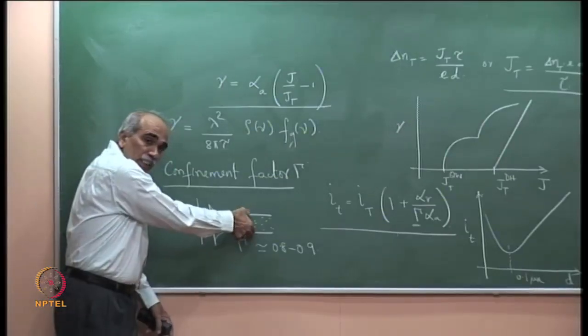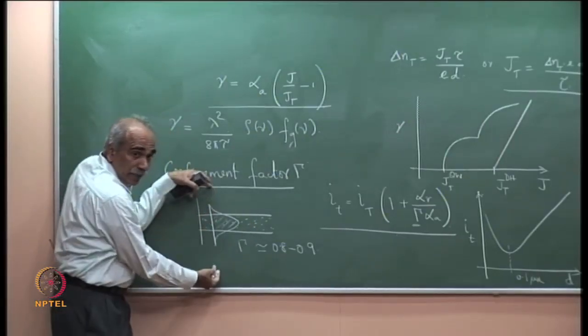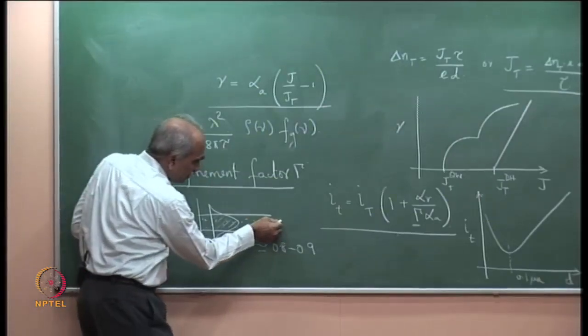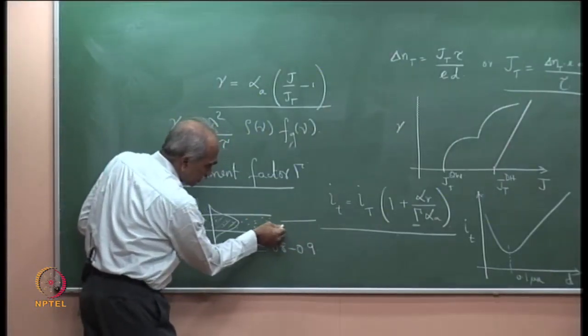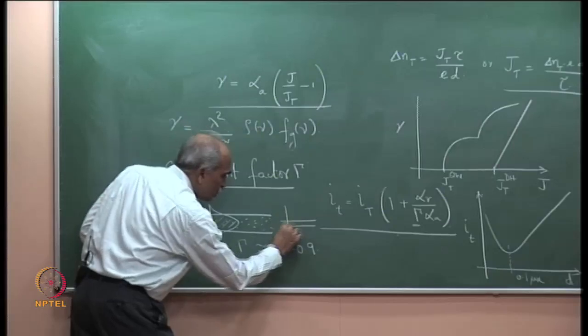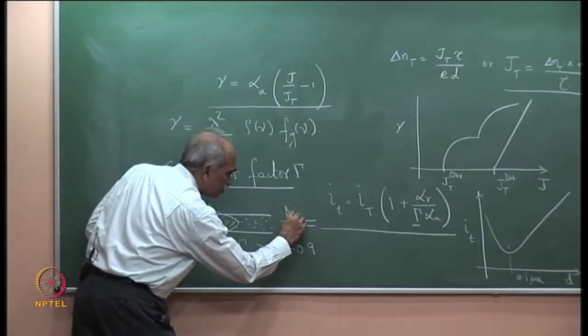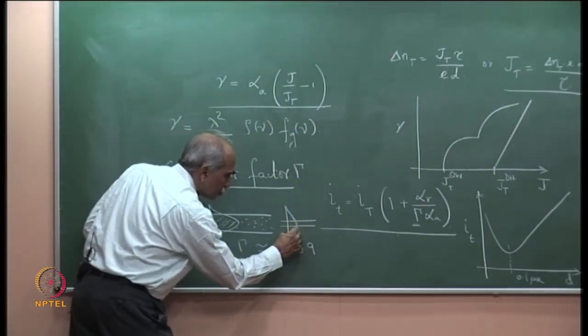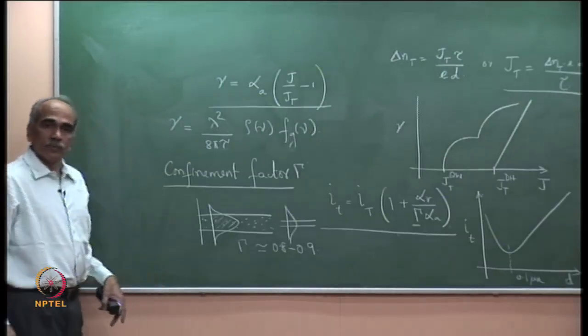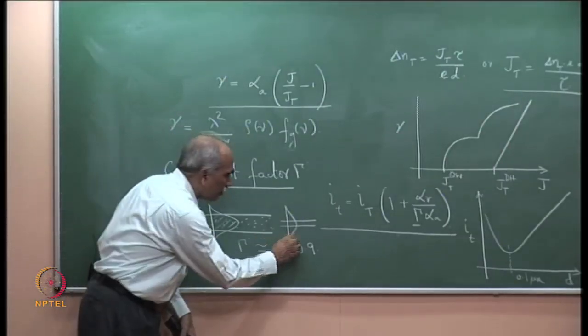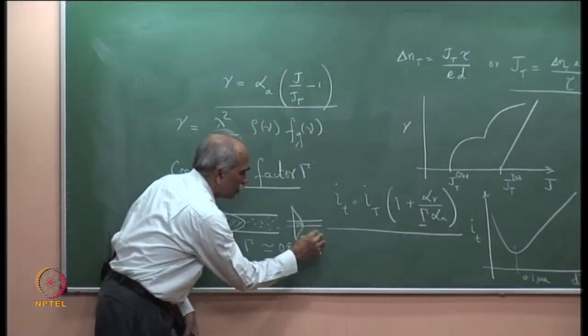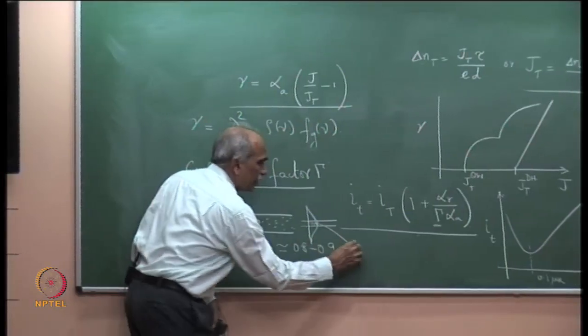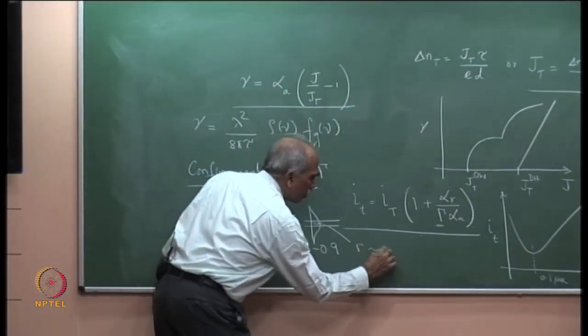If we reduce this thickness, this will spread further. So, if I reduce this to a smaller value, this mode will spread like this, which means gamma now reduces. Gamma typically in a quantum well laser is of the order of 0.4.